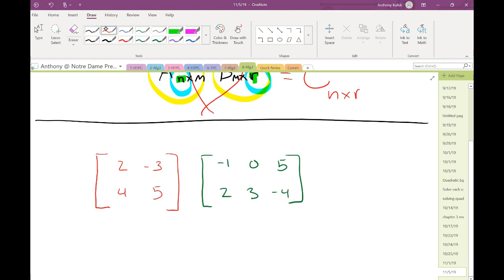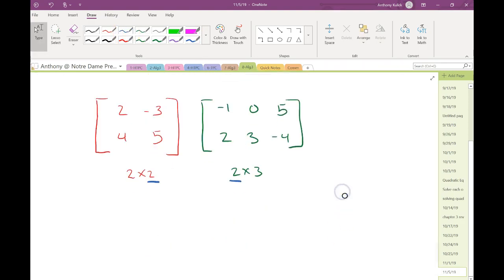So the first thing that I'm going to do is check the dimensions to make sure I can do this multiplication problem. What's the dimension for my red matrix here? That's a 2 by 2. And what's the dimension for my green matrix here? 2 by 3. So is it possible to do the multiplication here? Yes.